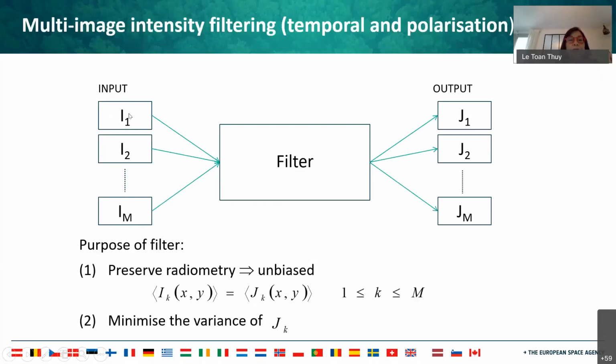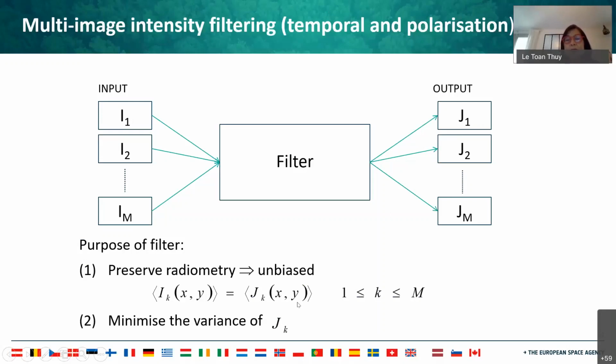Here, on the stack of input images, for example multiple Sentinel-1 images, you put the filter here, and the output is a stack of filtered images, with radiometry preserved and unbiased. So for a pixel of the homogeneous area, the mean value I1 is equal to J1.